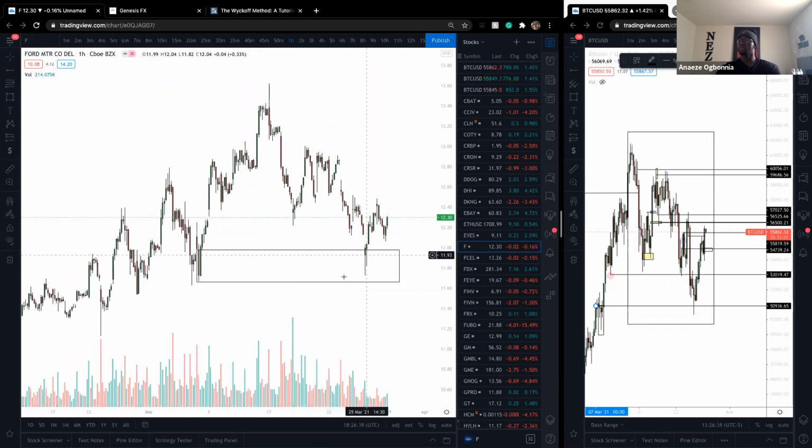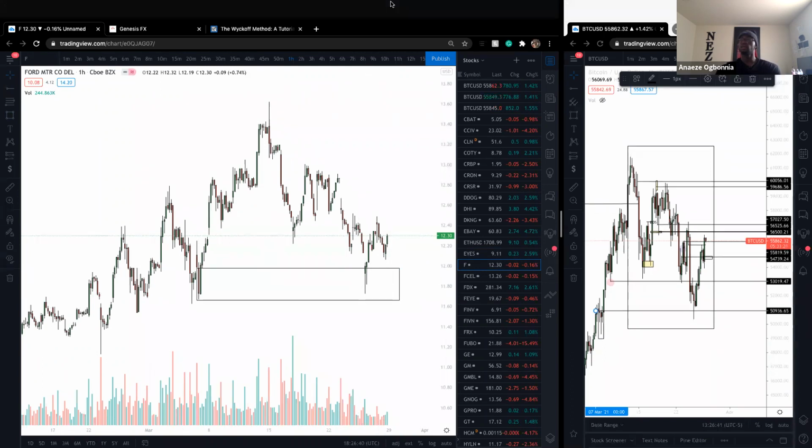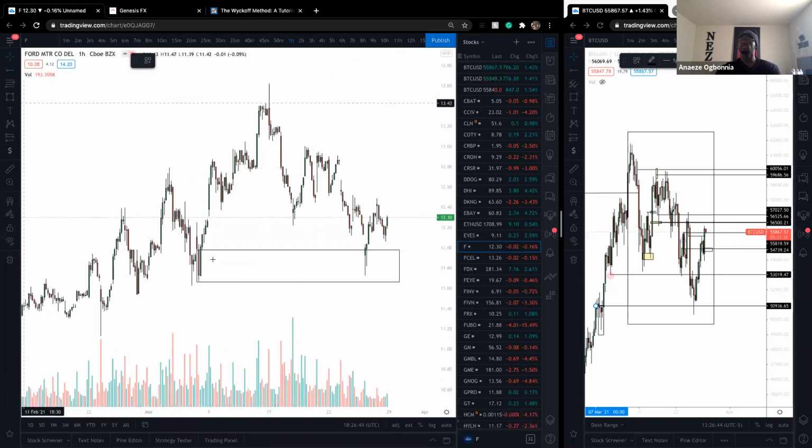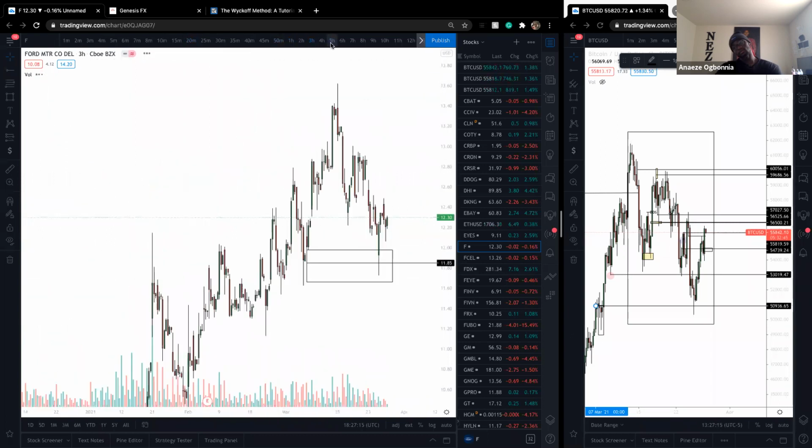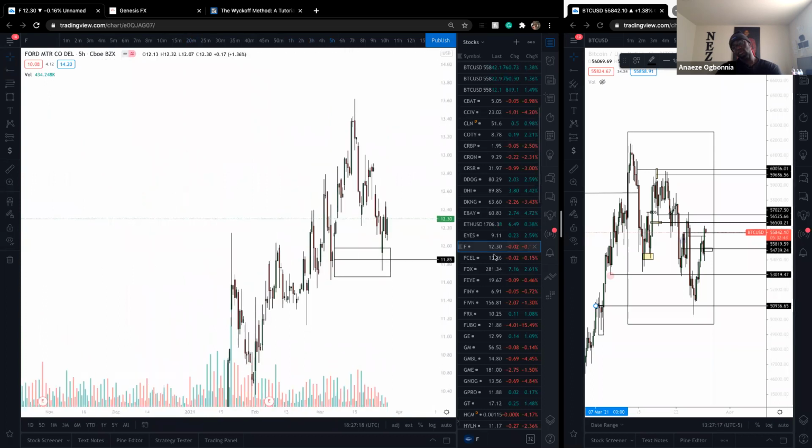Yeah, Ford is back on a bullish run, so we'll see how that one continues to go. No entries right now, but it's bullish.